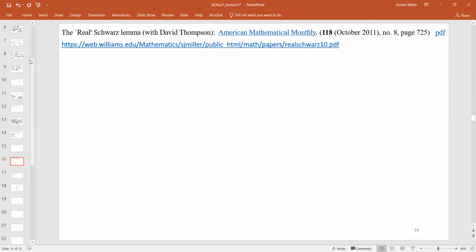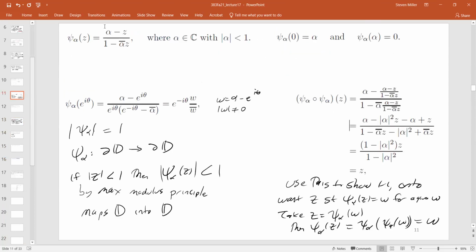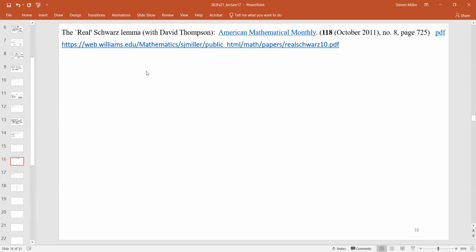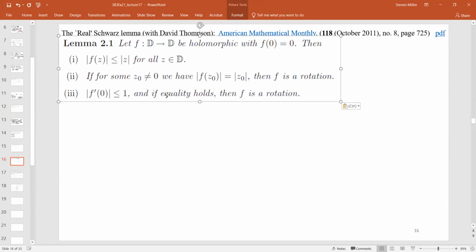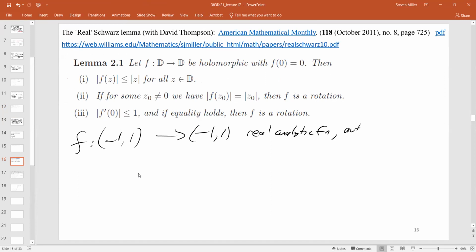So the question is, the Schwarz lemma is beautiful. It has a lot of nice statements. So here is the Schwarz lemma. What if we have f from -1 to 1 to -1 to 1 is a real analytic function? Let's say it's an automorphism.